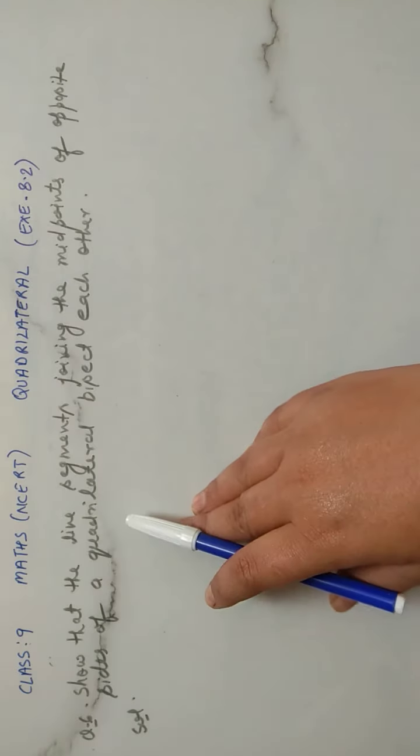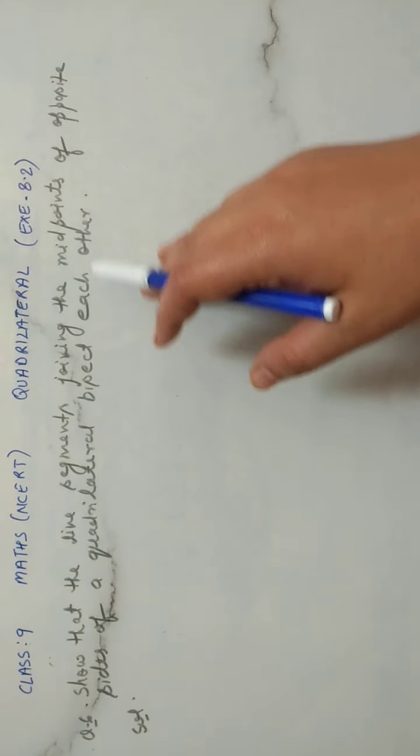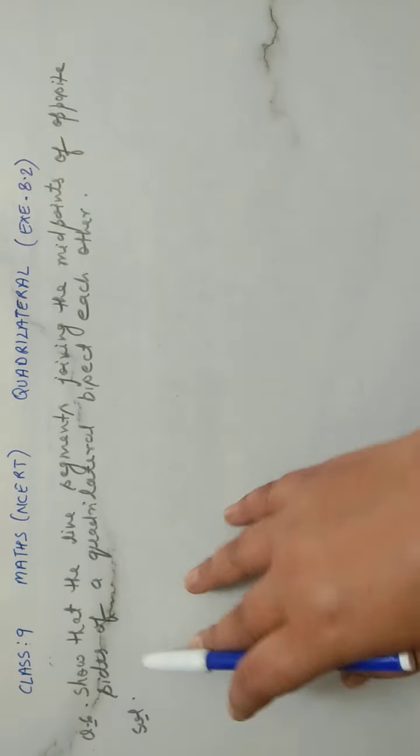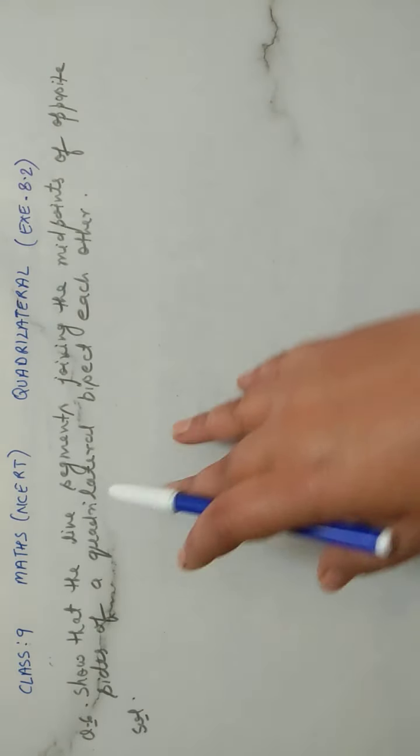In this question we have to prove that the line segments joining the midpoints of opposite sides of a quadrilateral bisect each other.